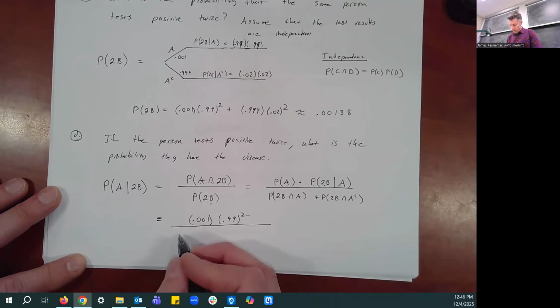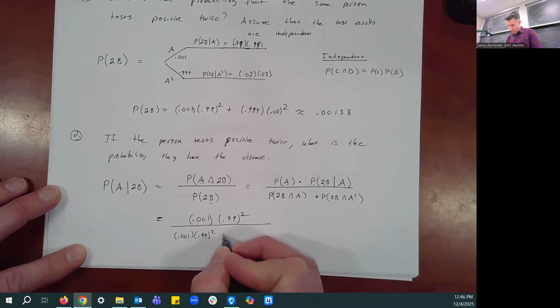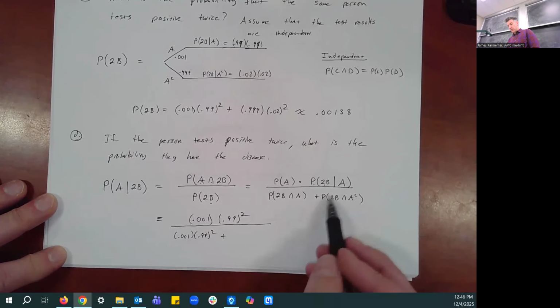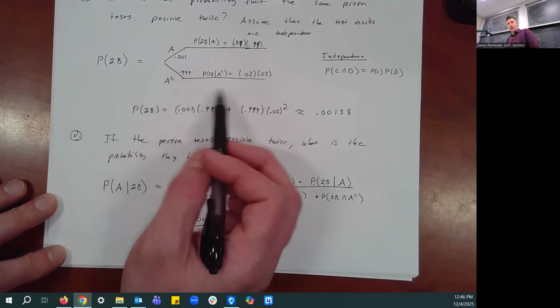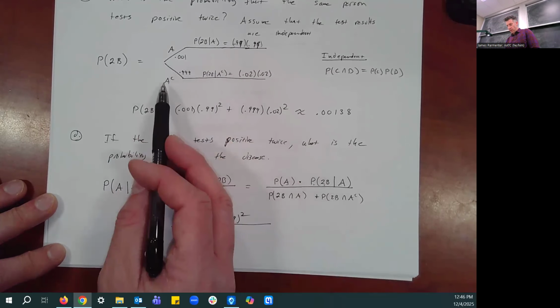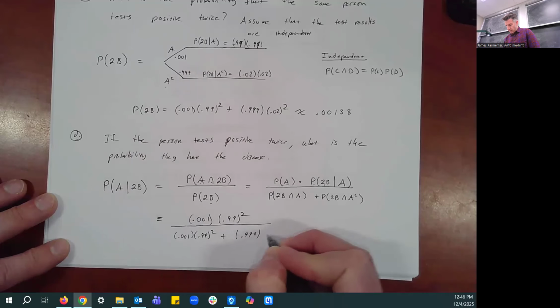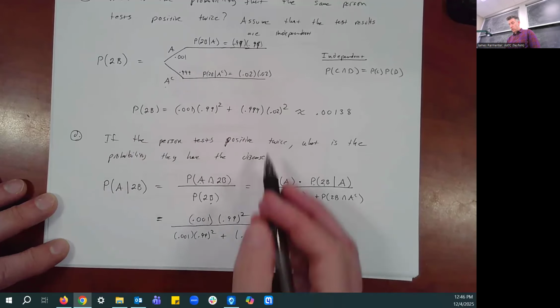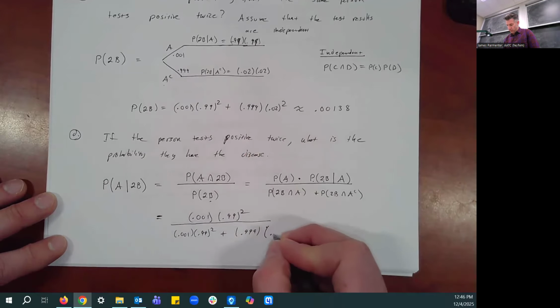So it's again going to be 0.001 times 0.99 squared plus this, which is really just these two parts of the path on the tree diagram. It's the probability of A complement, 0.999, times the probability of two positive tests given that you had not had the disease, which is 0.02 squared.